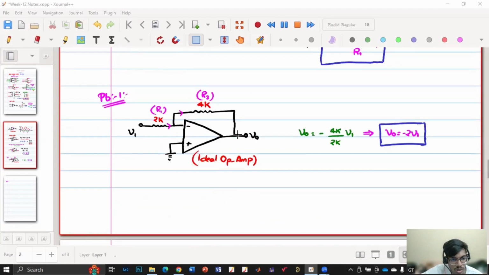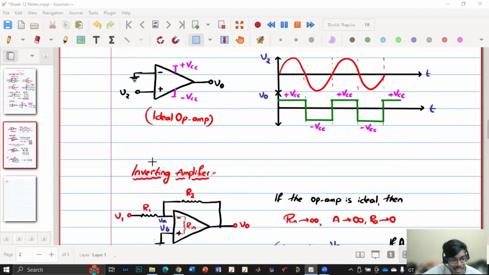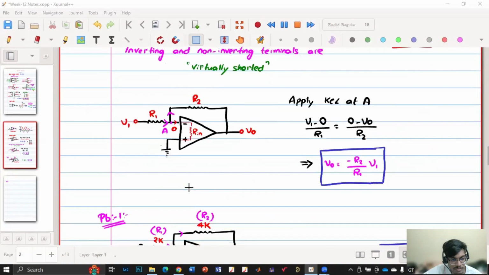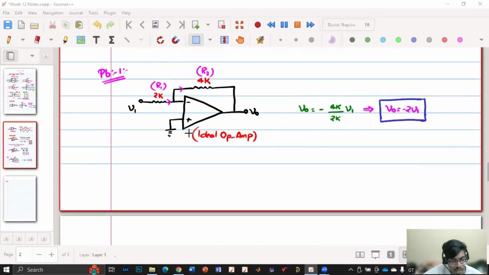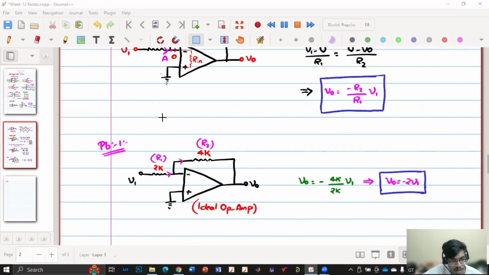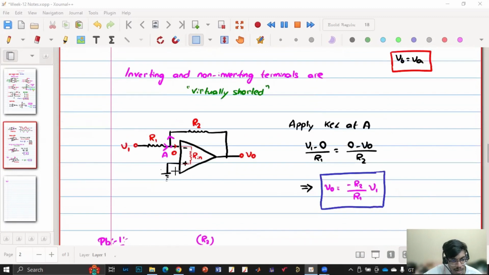You can also short this inverting terminal to ground, but our point of discussion here is the inverting amplifier. So that's why we consider the input at the inverting terminal and this non-inverting terminal is connected to ground.